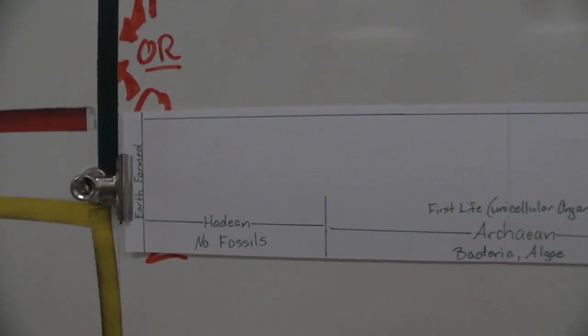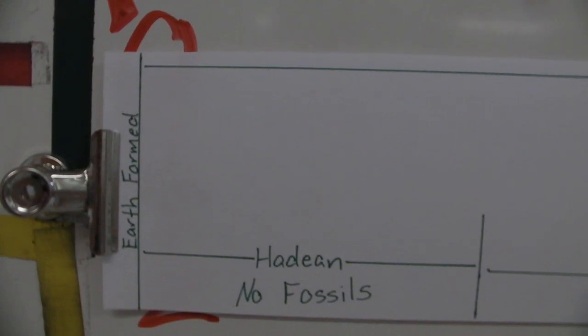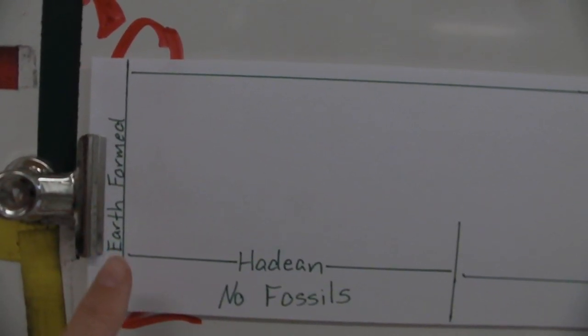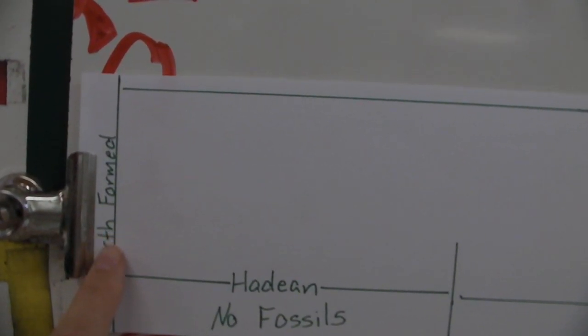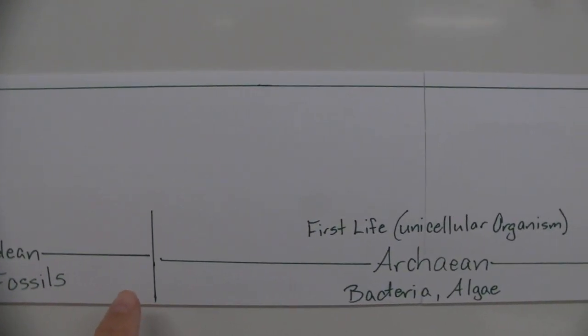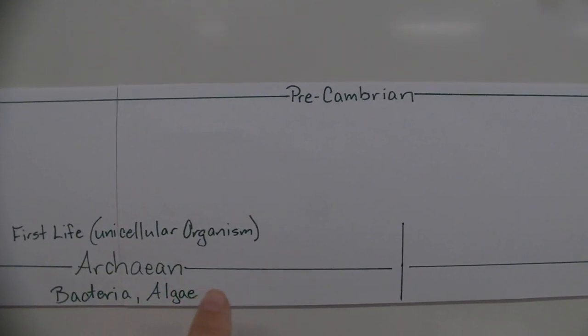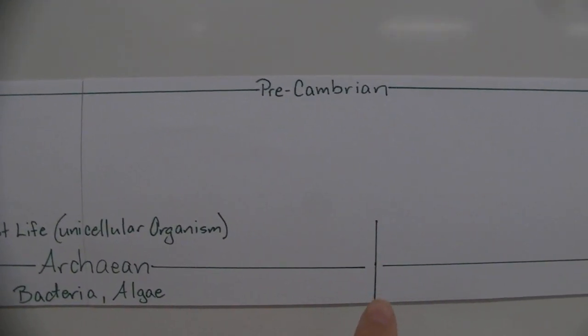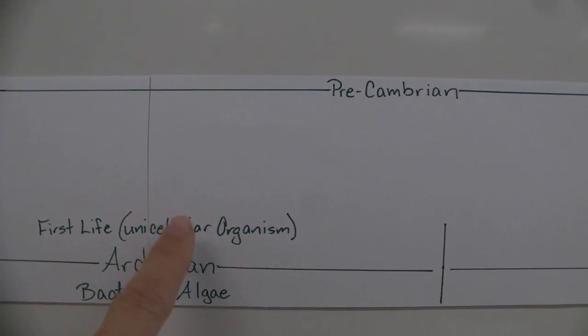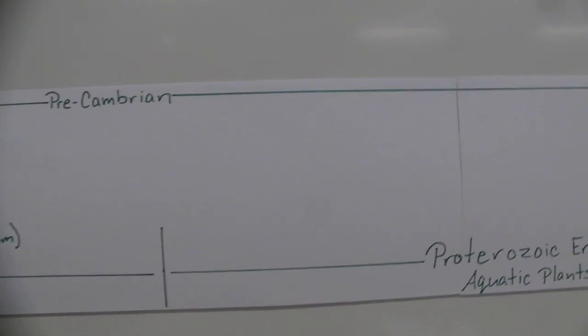And this is probably what you're going to have to do, because I'm sure not everybody has access to register tape. So tape them together, and at one end you're going to write the earth formed, and then from that line right there, earth formed, that's where your measurements start. And you measure out your Hadean, and then you measure out the Archean, okay, and then you write in the information from that paper onto your timeline.